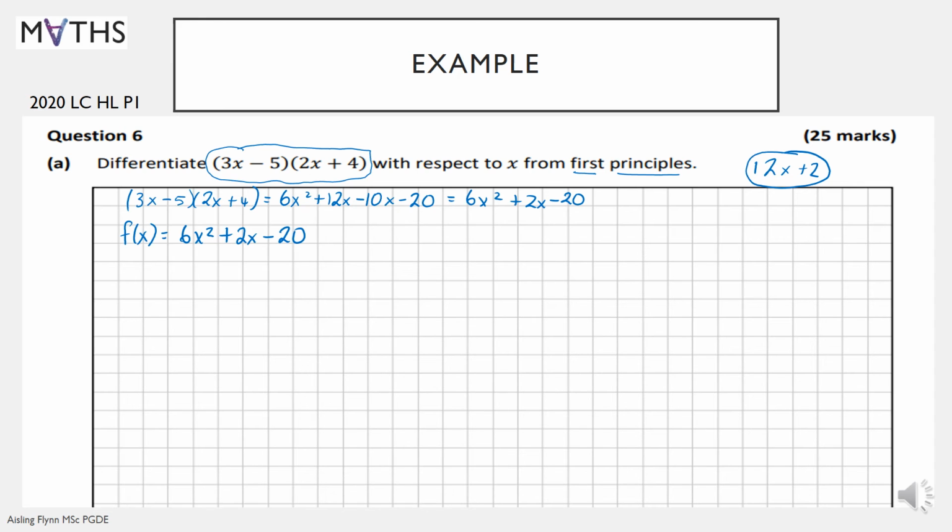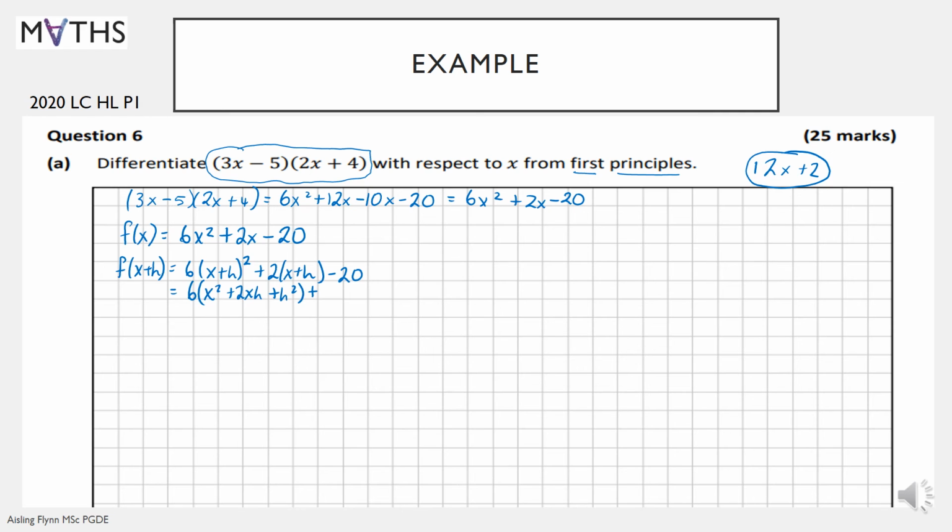The second step asks us to write down f of x plus h. So that's our input for the function. Everywhere above where you saw x, now you will have x plus h. So 6 times that squared plus 2 times x plus h minus 20. Let's multiply and expand out these brackets. It'll be 6 times, if we square this bracket, x squared plus 2xh plus h squared.